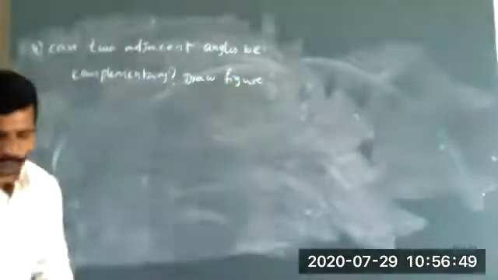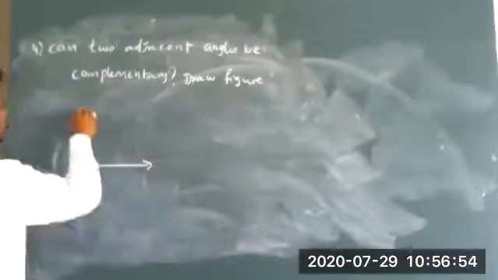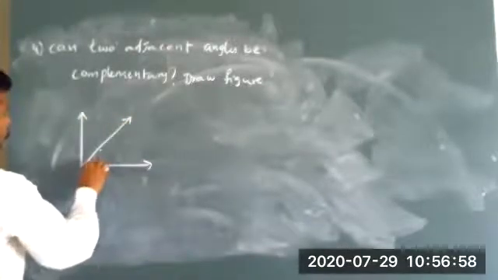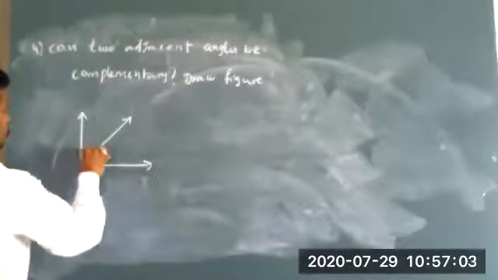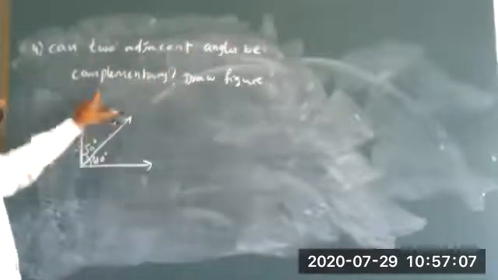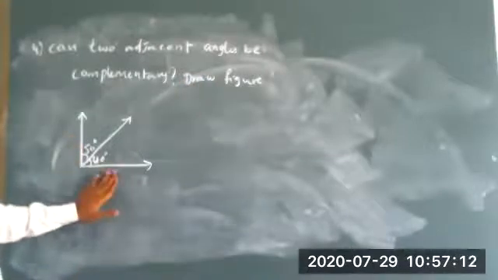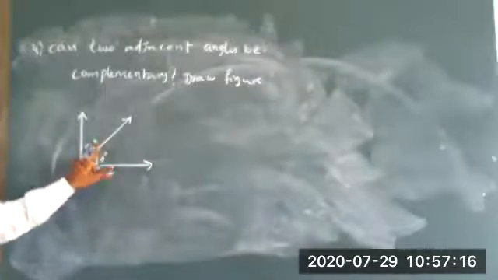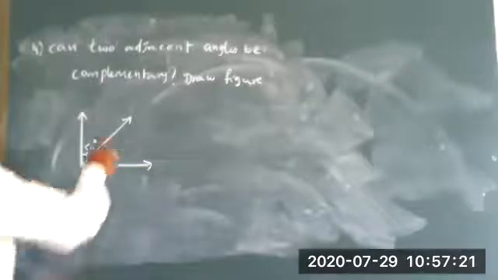Yes, listen. Can two adjacent angles be complementary? Draw figure. So this is the given diagram. 40 degrees plus 50 degrees. The sum of the two angles is equal to how much, children? 90 degrees.